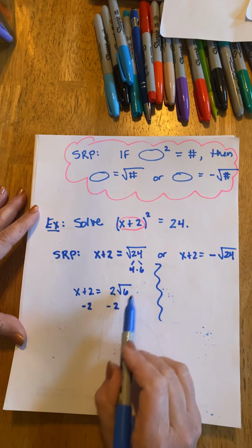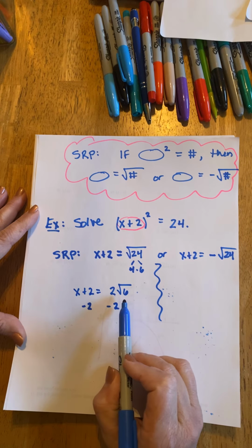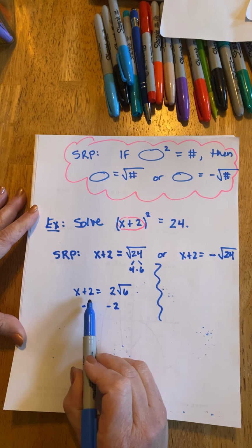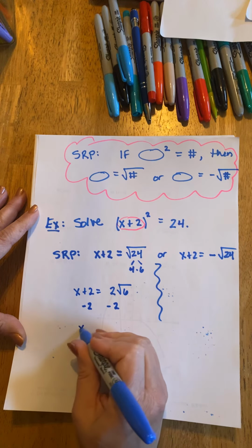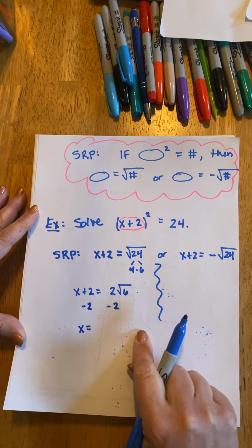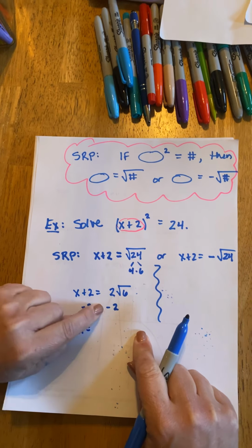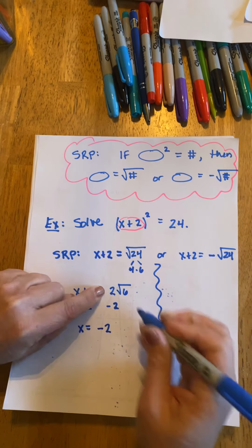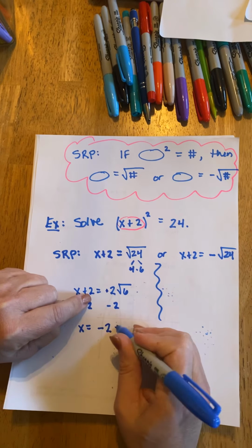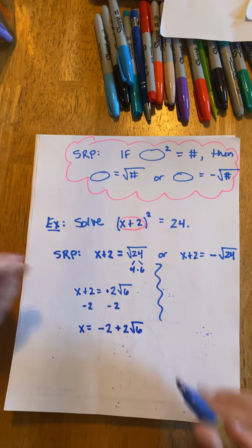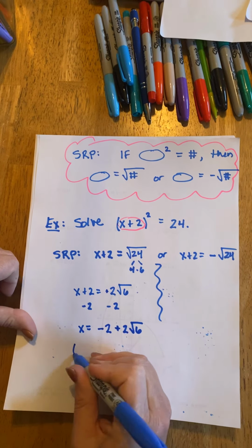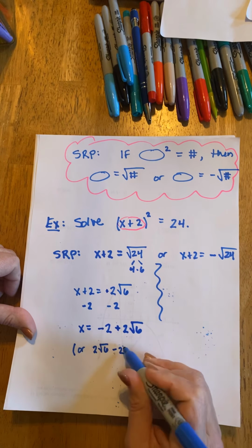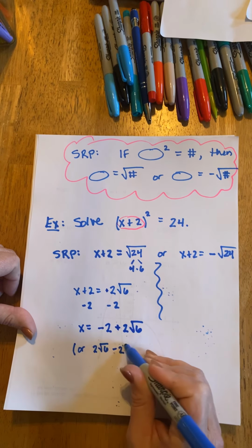When you have a radical left over that cannot be simplified further, my suggestion is, if there's a constant to add or subtract, when you bring it over to the other side, we're going to get x equals, put the radical part of the number second and the nice non-radical part of the number first. So I would write this as -2, and there's really a positive right there, so plus 2 square root of 6. You can write 2 square root of 6 minus 2, but it's not suggested.